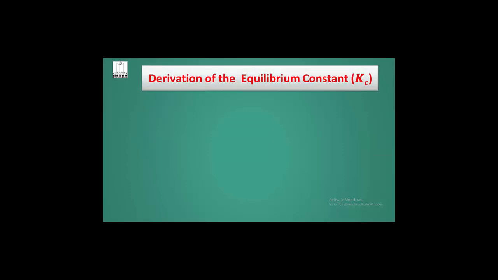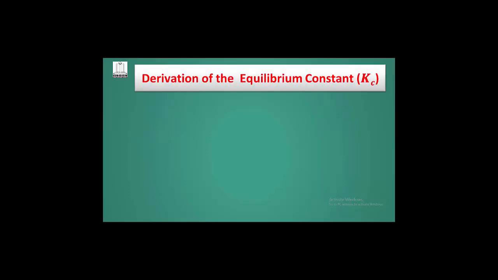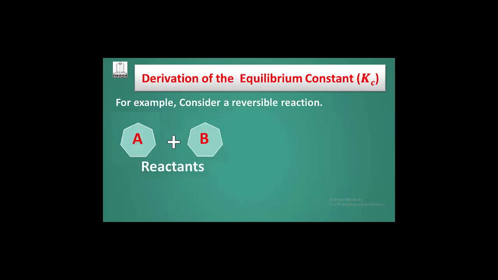Now, dear students, let's move forward towards the derivation of equilibrium constant Kc. For example, consider a reversible reaction in which reactants A and B combine to form the products C and D. We have to keep in mind that this reaction is a reversible reaction.